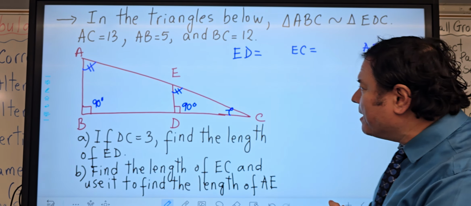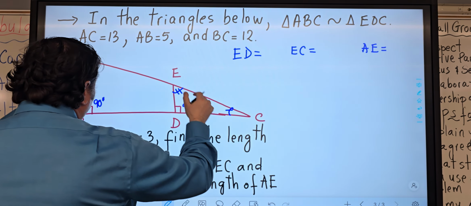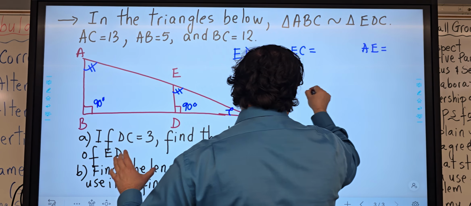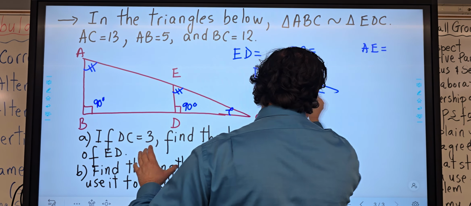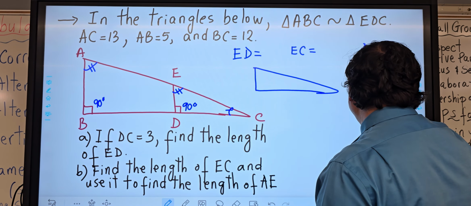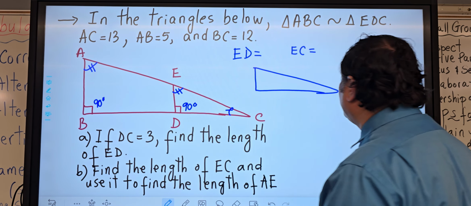First of all, let's break this down. We can draw the bigger triangle first, and then a smaller triangle. I'm going to put them next to each other so you can see clearly what's going on.